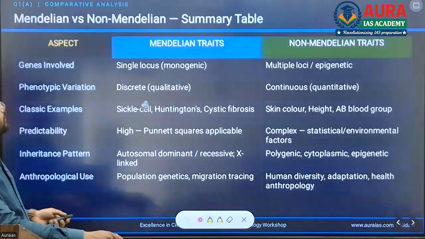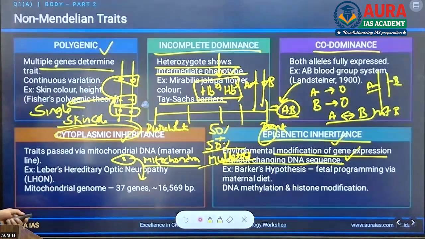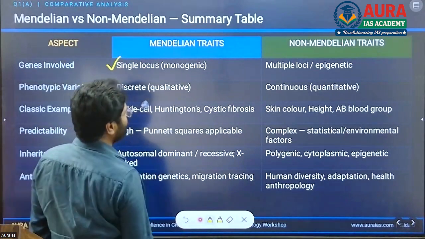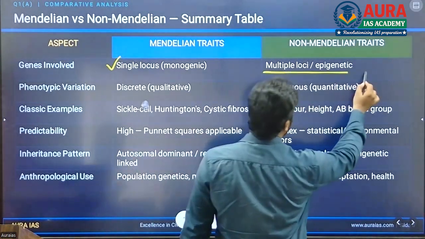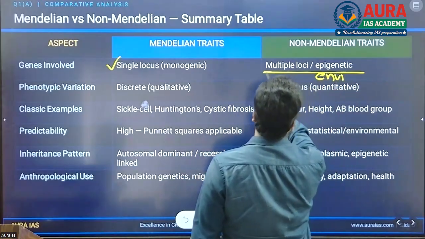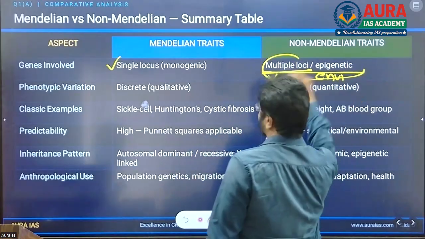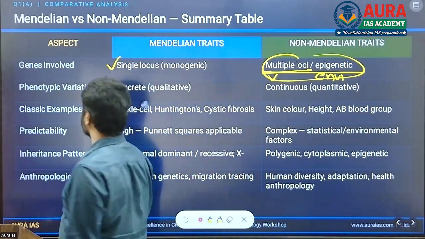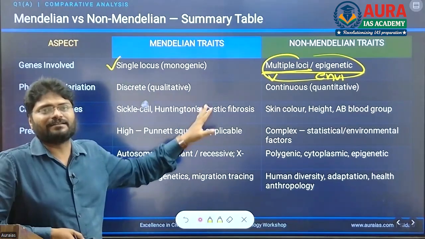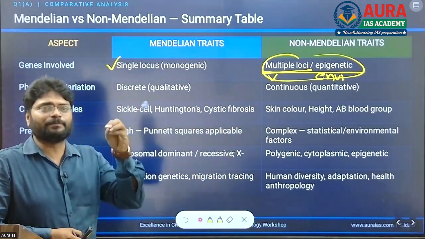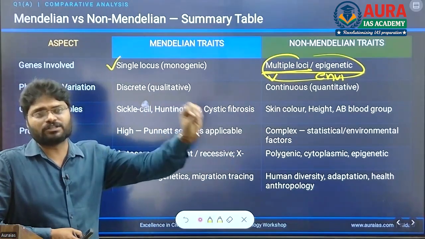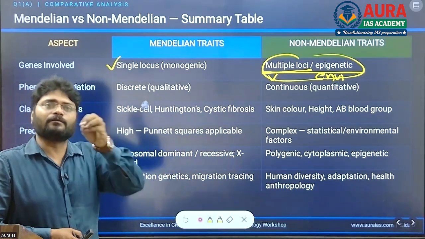So now you can see the characteristics. Mendelian traits are all single locus, and non-Mendelian traits are impacted by the environment, that is epigenetics, and controlled by multiple loci. Phenotypic variations are discrete in Mendelian: discrete means an either-or kind of category. In non-Mendelian they are continuous; if you take the mulatto person, we cannot put him under pure white or pure dark.